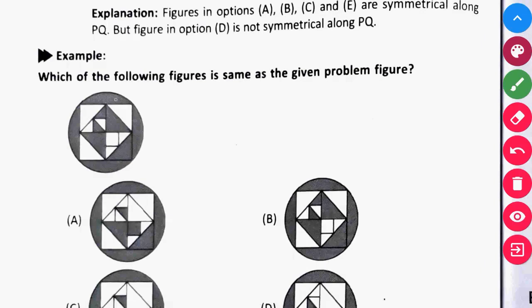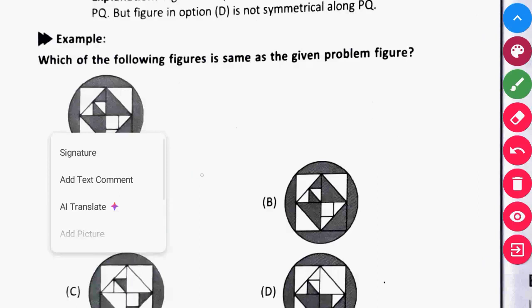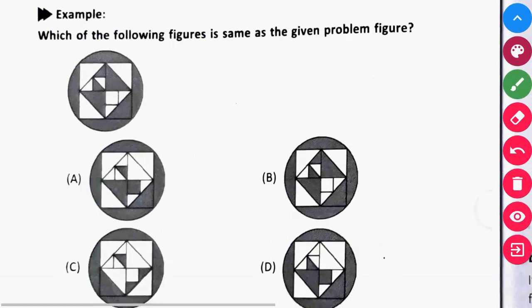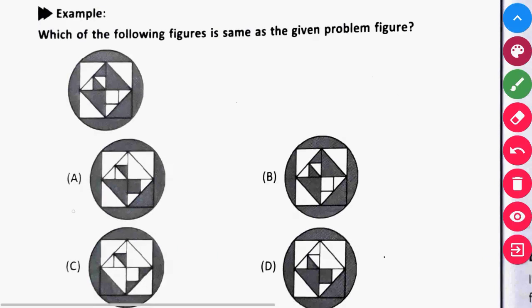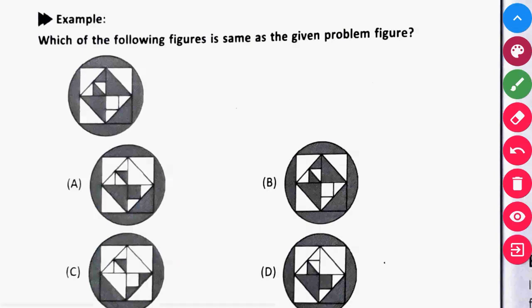Now again look here: which of the following figures is the same as the given problem? Now you can check the problem and the given figures. So, two triangles are shaded in the figure.